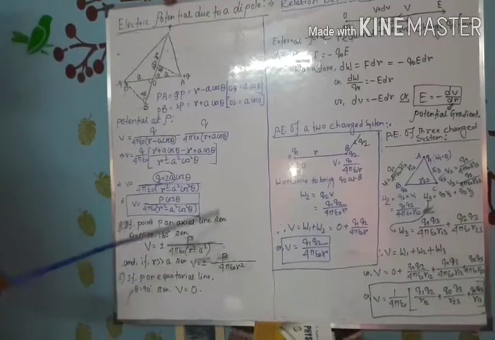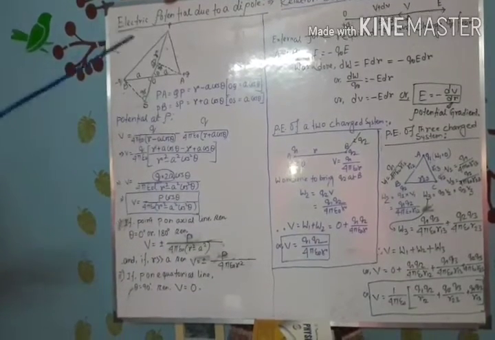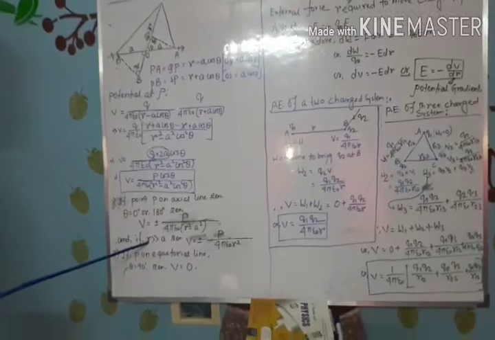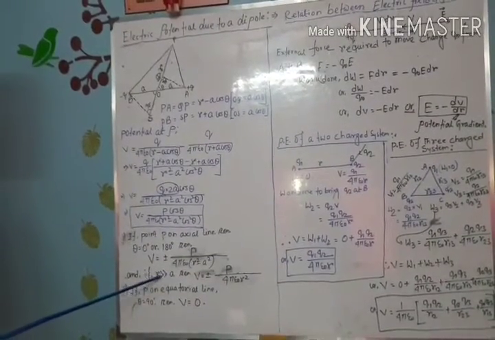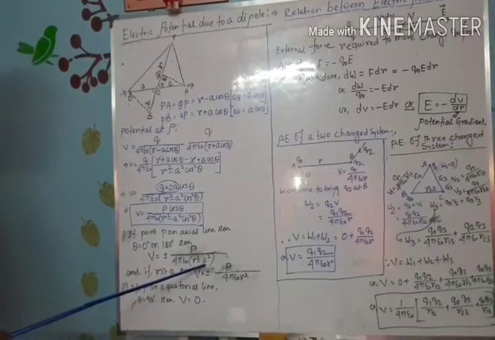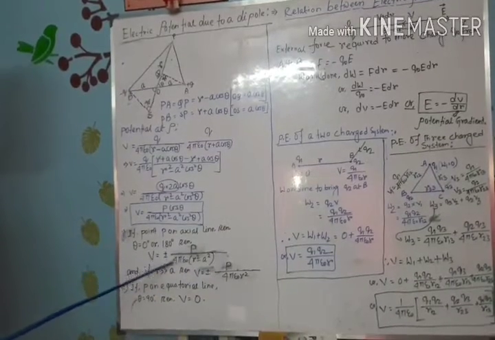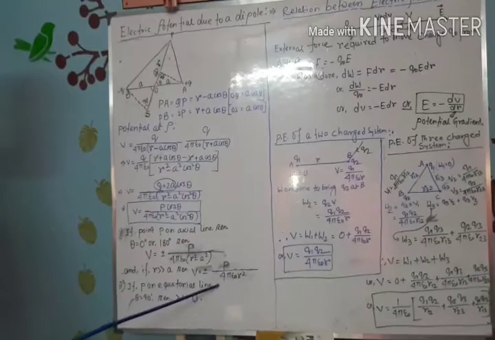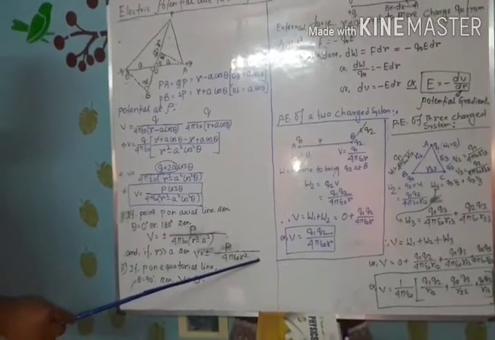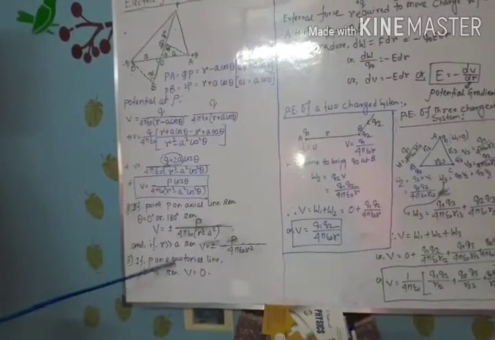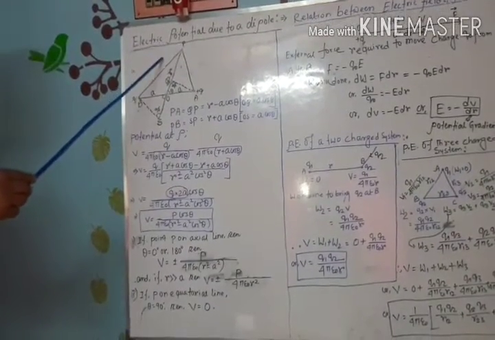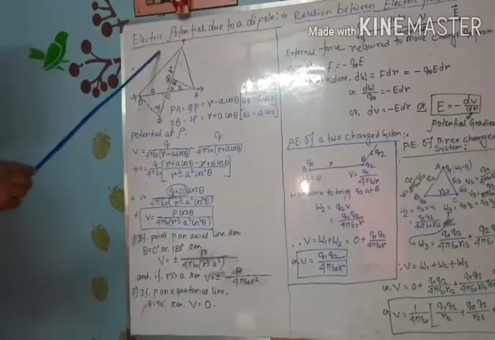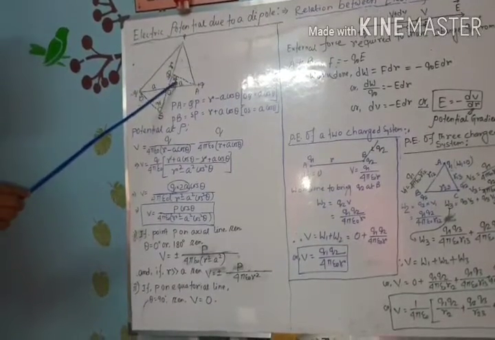After that, if we consider the dipole is very short, short means r is very much greater than a. So with respect to r, we can neglect a square. Therefore the expression becomes plus minus p by 4 pi epsilon naught r square. Now another special case: if the point P lies exactly on the equatorial line, then what is the value of theta?